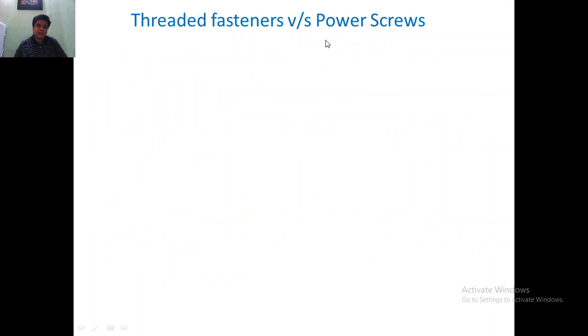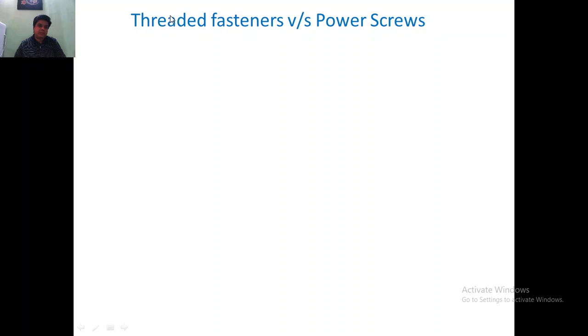Before we start understanding power screws, in the previous sessions you have learnt about fasteners. Fasteners are based on the phenomenon of threads, on the design of threads.